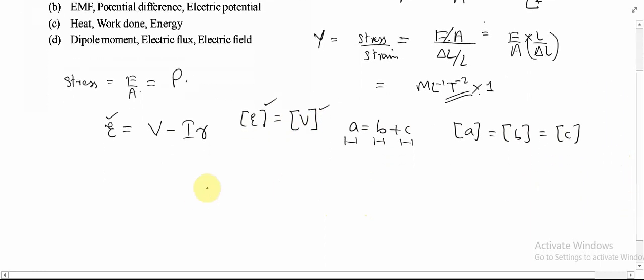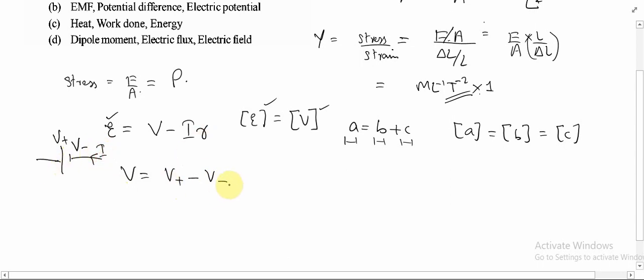Also the terminal potential difference can be written as V plus minus V minus, because terminal potential difference is the potential difference across the terminals of a battery. So the positive terminal has the potential V plus, negative terminal has the potential V minus. So the terminal potential difference is V is equal to V plus minus V minus when current I is flowing through it.